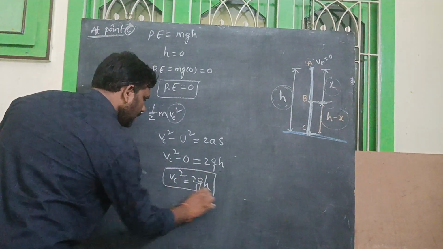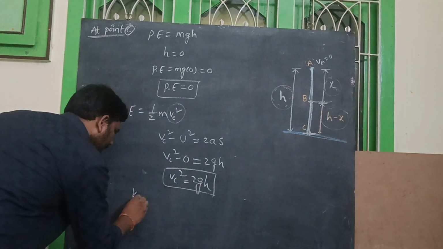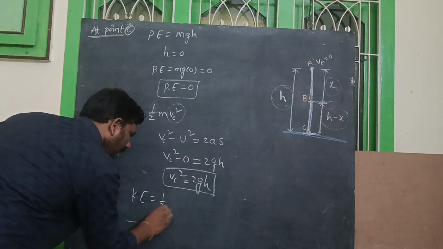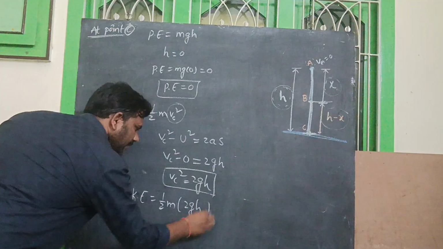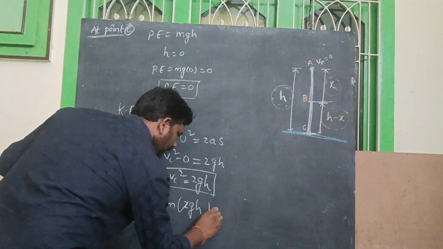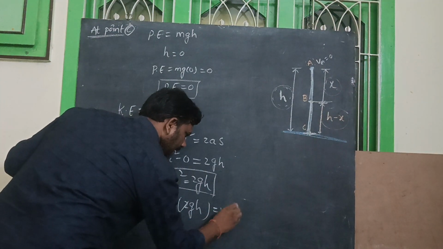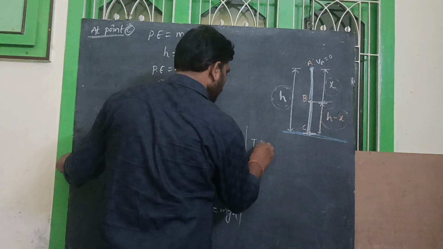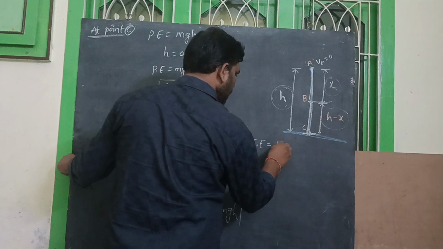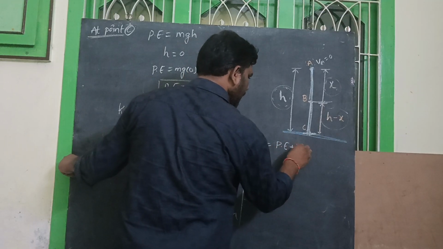So we can substitute the kinetic energy value. Then KE is equal to half m. We can replace the Vc value with 2gh. The 2 cancels. Then we can write mgh. So here we can write the total energy. The total energy is equal to the sum of the potential energy plus kinetic energy.